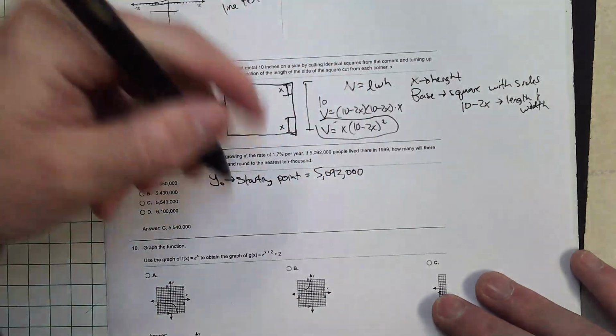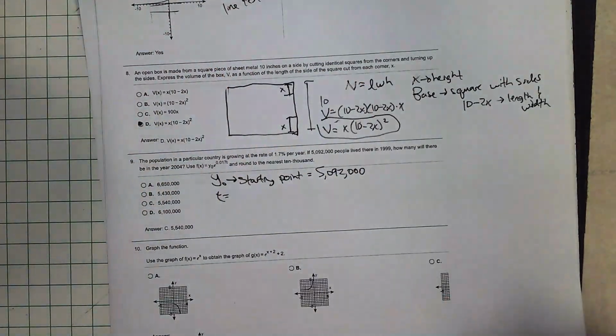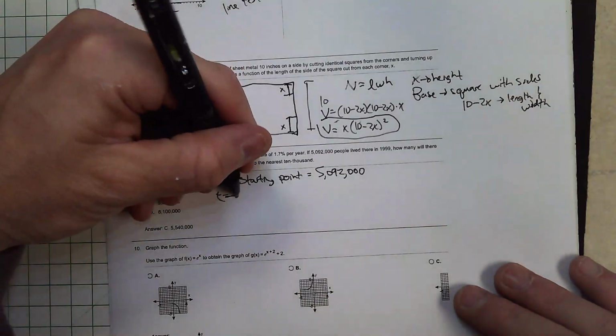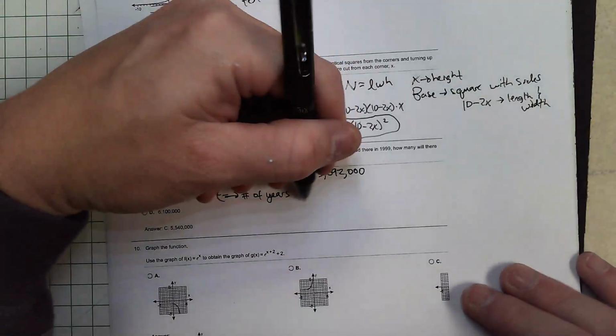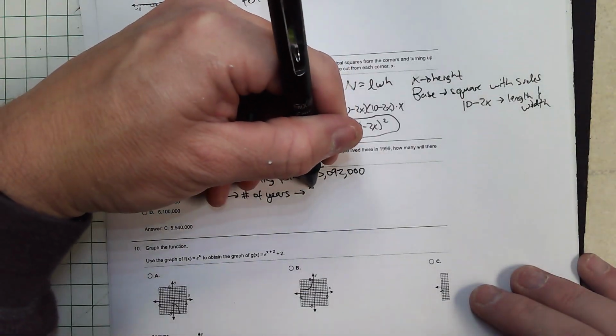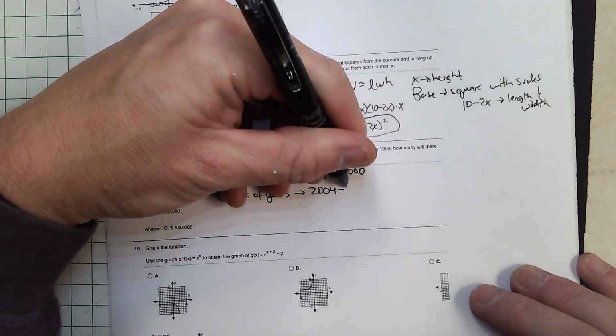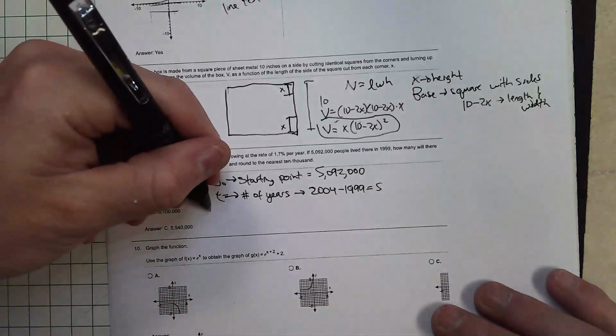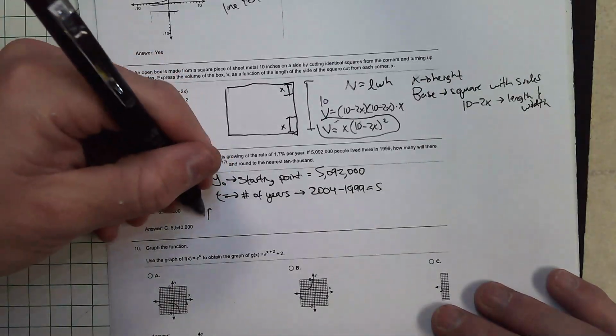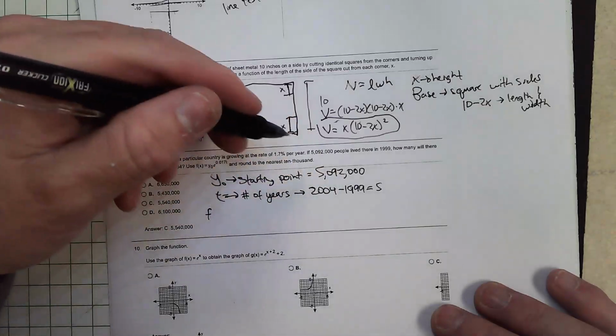And then t is the number of years. And so how many years will that be? Well, it'd be 2004 minus 1999. So it'd be 5. So I'm going to plug in 5 for t and then this for y naught.